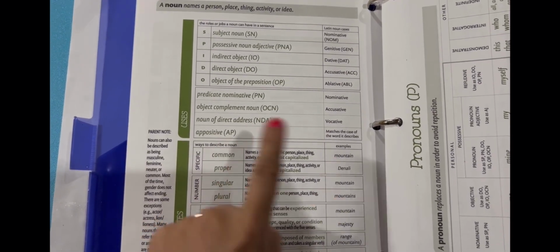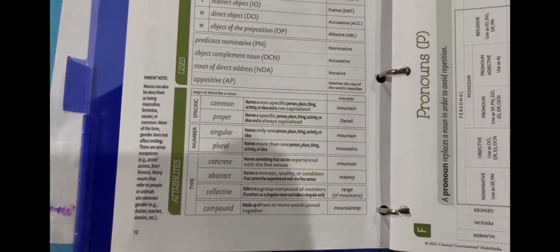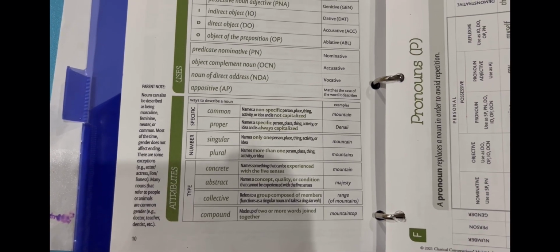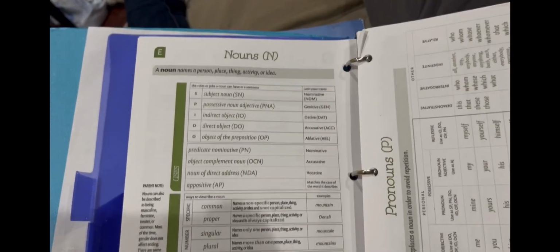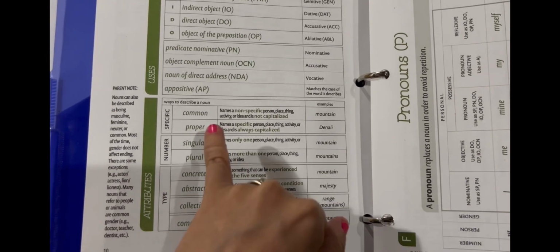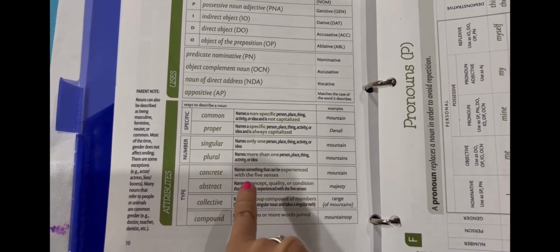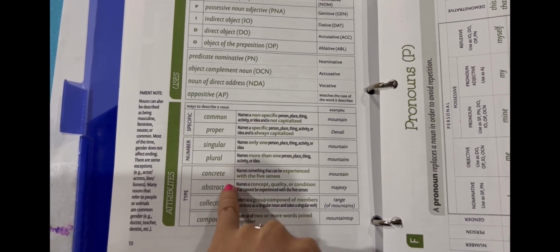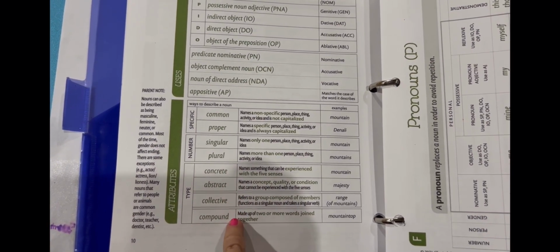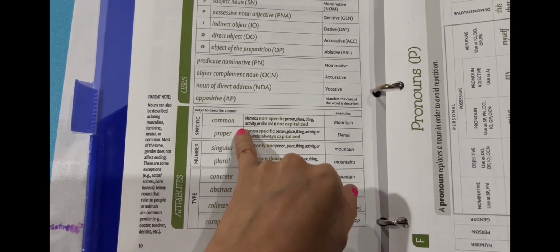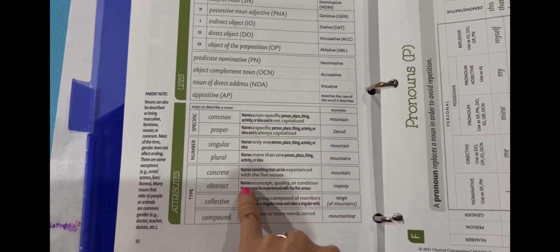That's an appositive. Miss Amanda was cooking up something spicy when thinking of the eight attributes of nouns: chili peppers, serrano peppers, cayenne, adobo, curry, and cumin. Stands for common, proper, singular, plural, concrete, abstract, collective, compound.